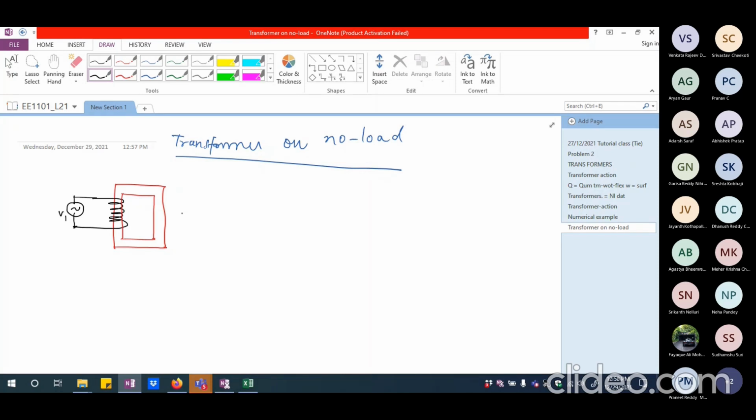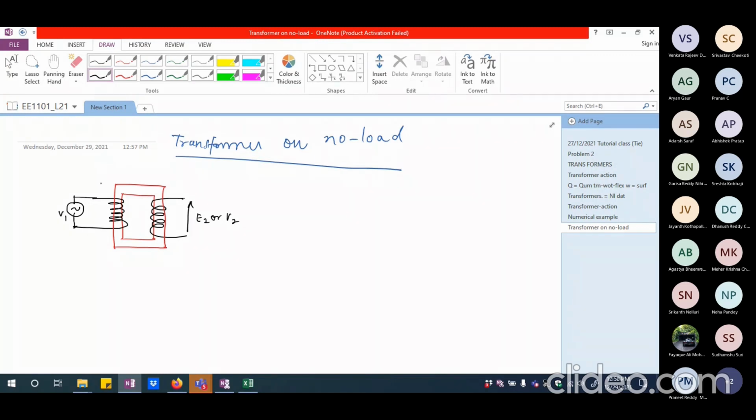And I am looking at the secondary winding being wound around this, and I have not connected any load here. If I try to measure the voltage, it is going to be E2 or V2.